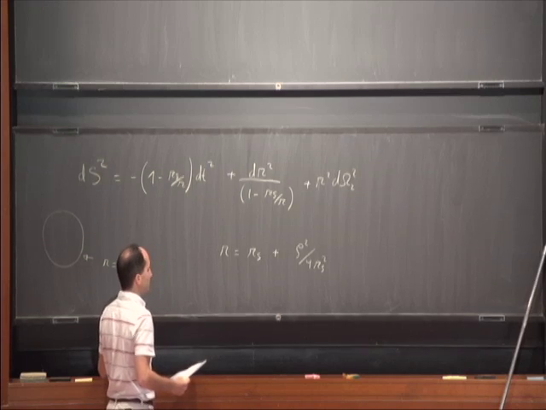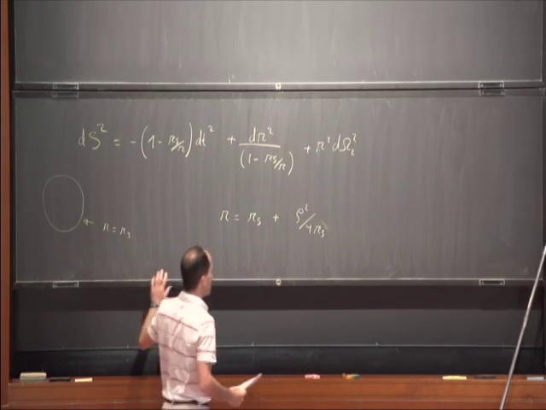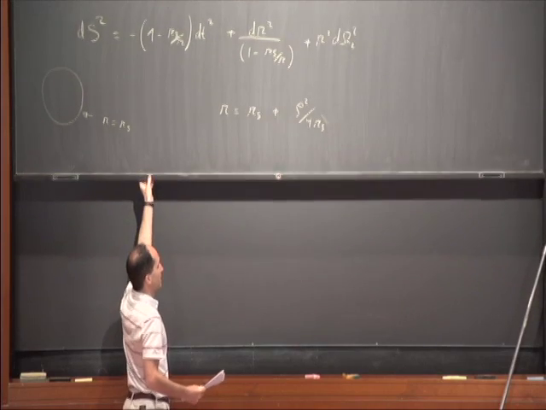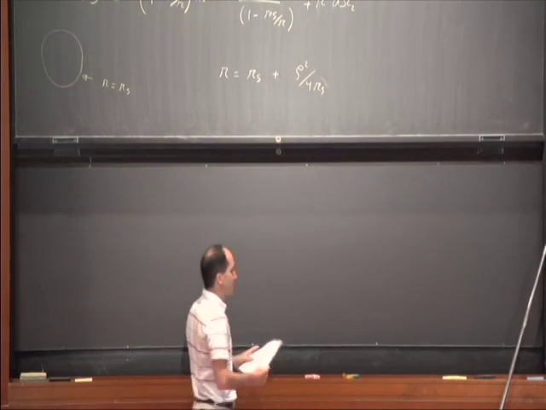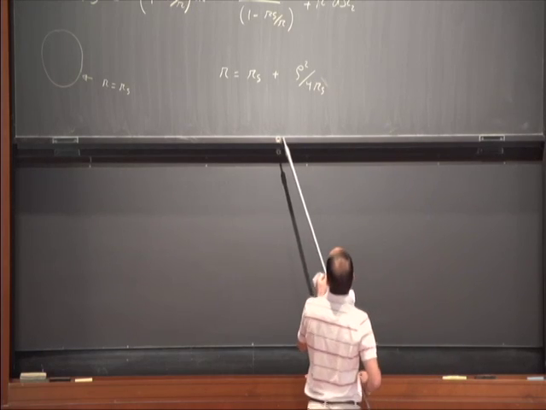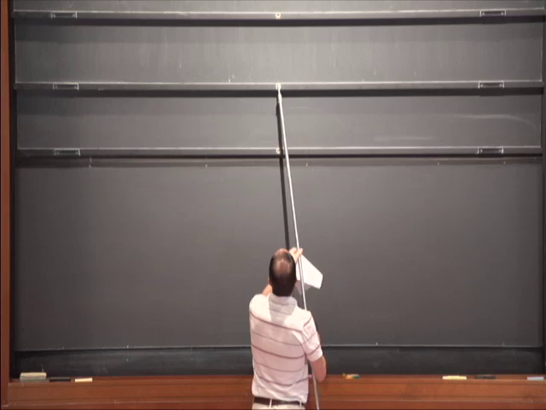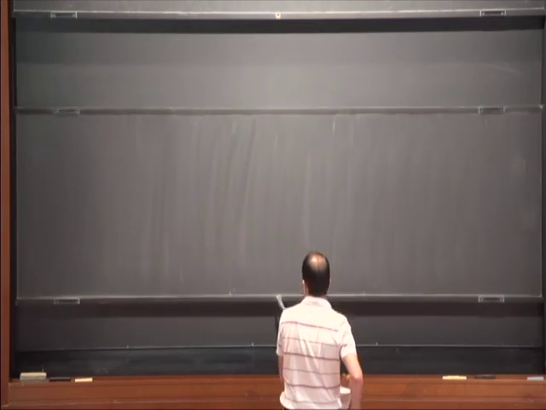And if we do this, then we find that the metric near the horizon has the following form.